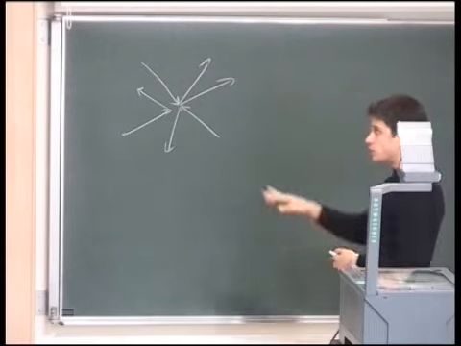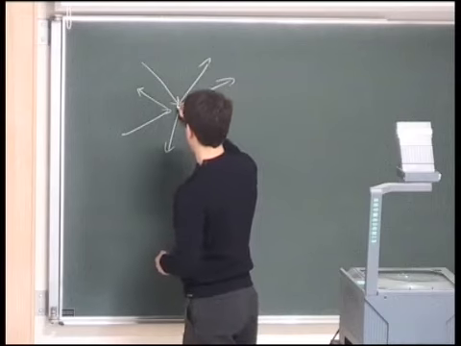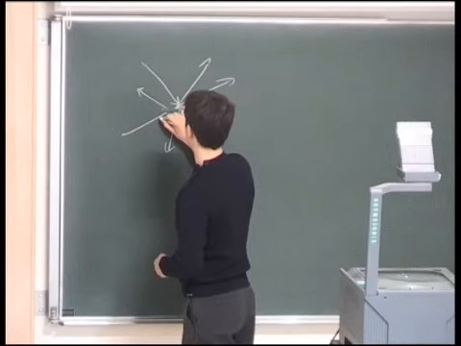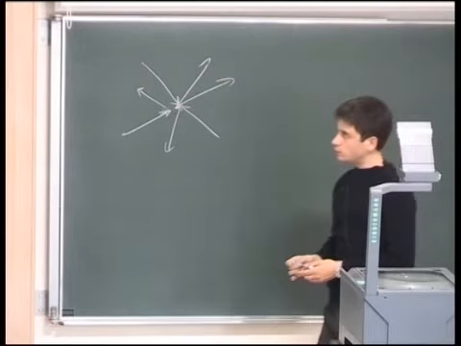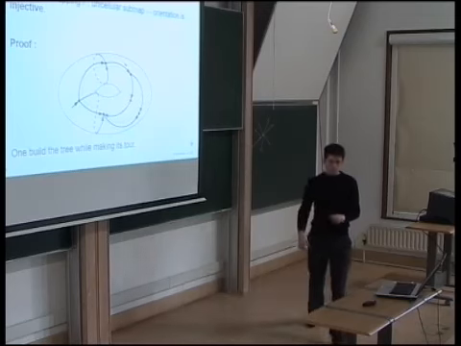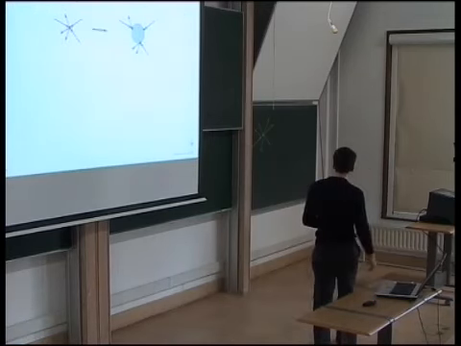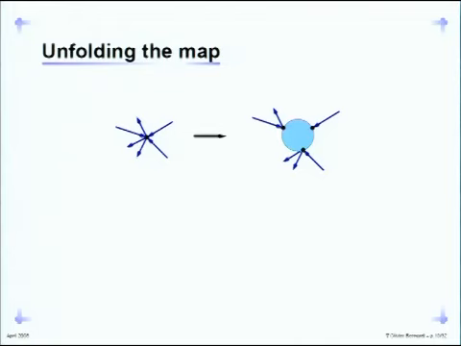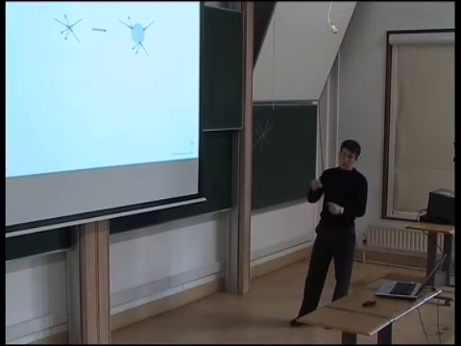So I will draw this operation here. So this is just the general situation, and I blow up the vertex. So it has a certain number of ingoing half edges, and I will create as many vertices as half edges.